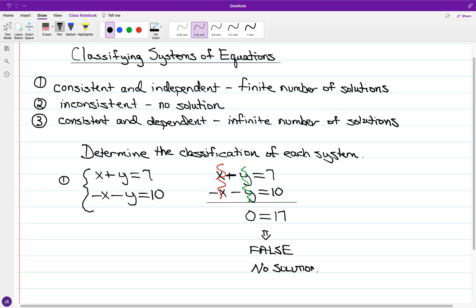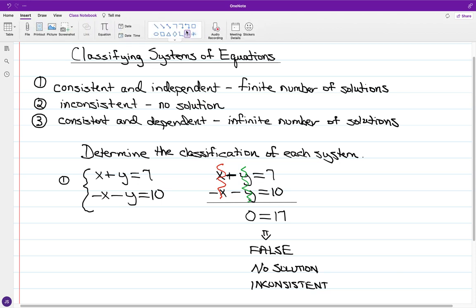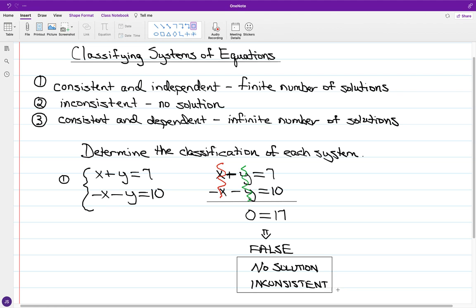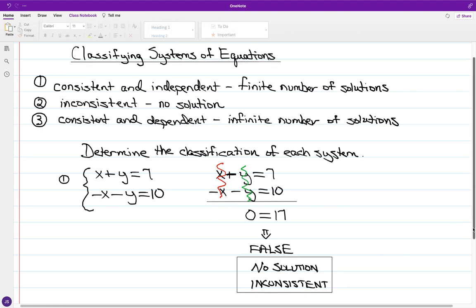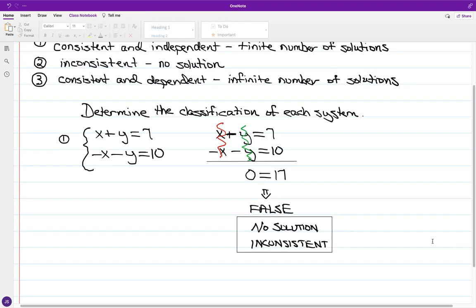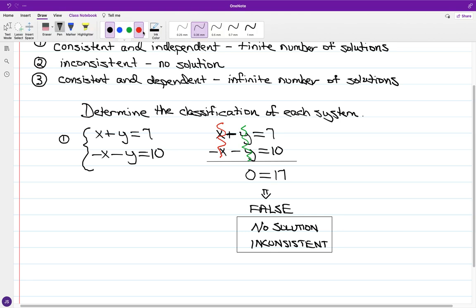And the type of system which has no solution is going to be inconsistent. Right, so again, an inconsistent system has no solution.